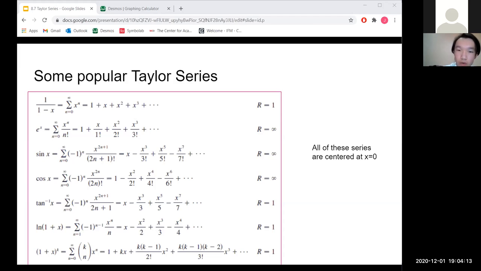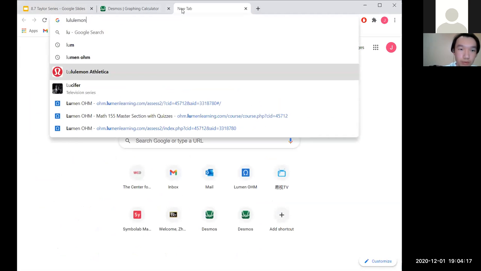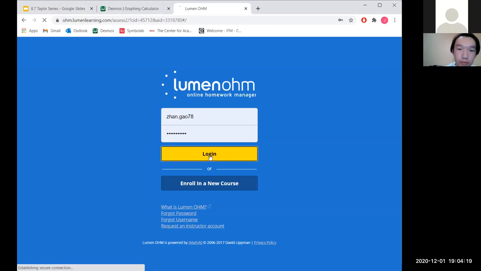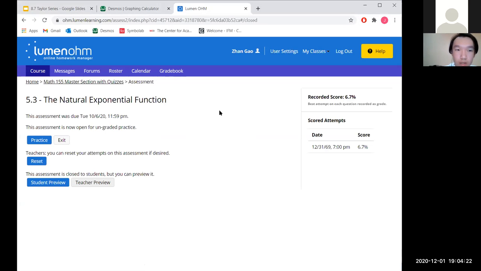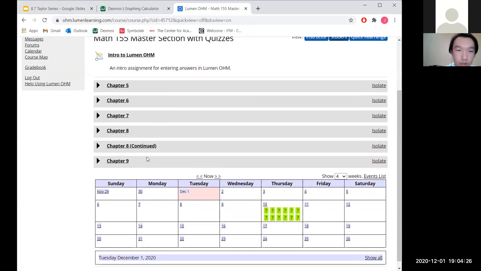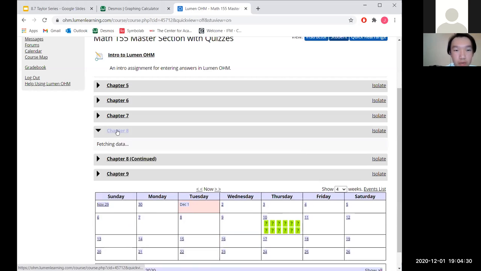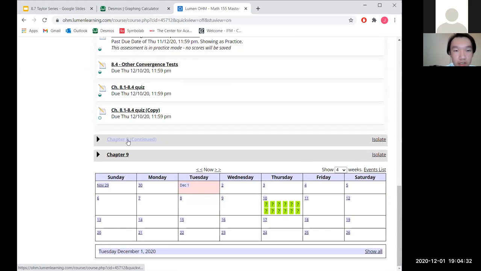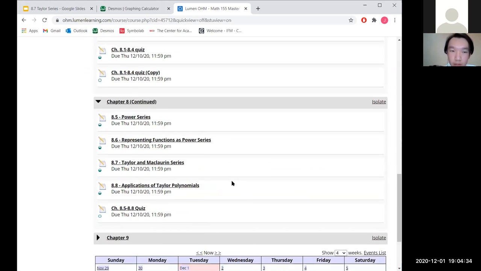If you go on Lumen, let me show you. There are two chapter 8 tabs. You only need to do up to the first chapter 8. Anything in chapter 8 continued is all optional.